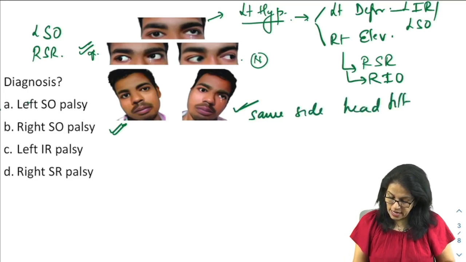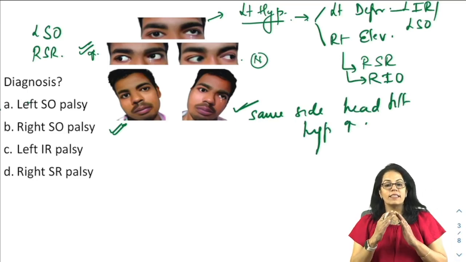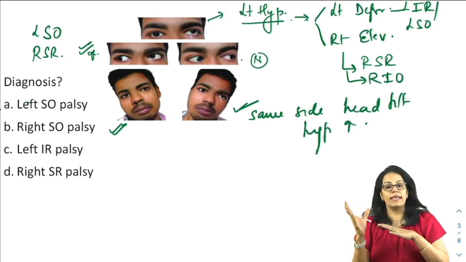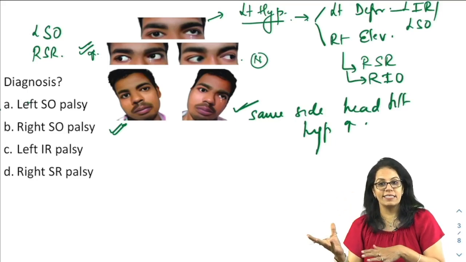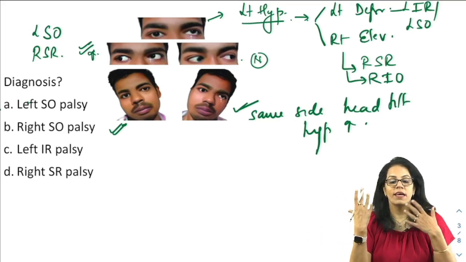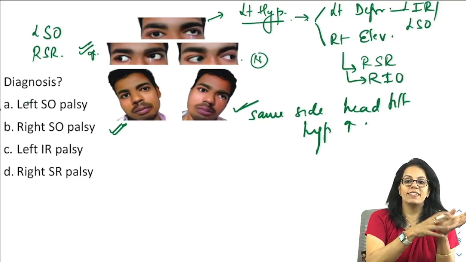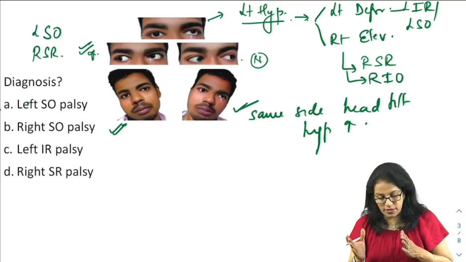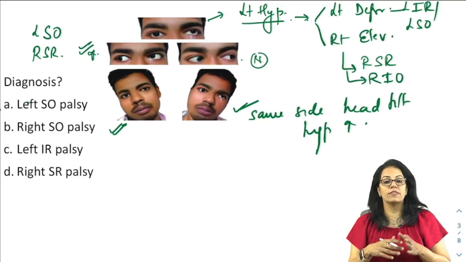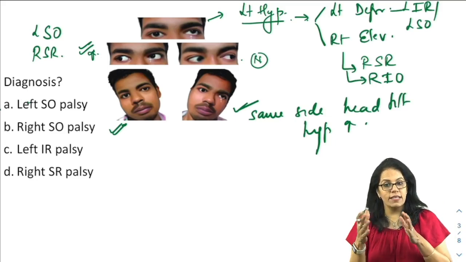Okay, head tilt, hypertropia increases. So you have to understand this. If you're tilting to the right and the hypertropia increases, either it is going to be right intortor or left extortor, and vice versa.